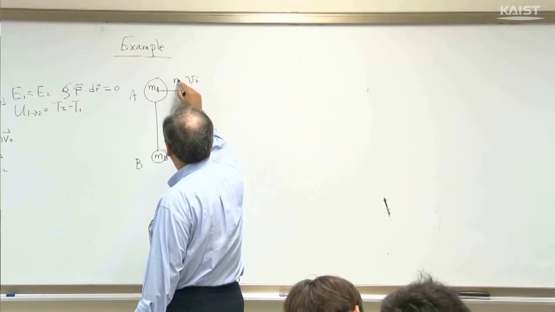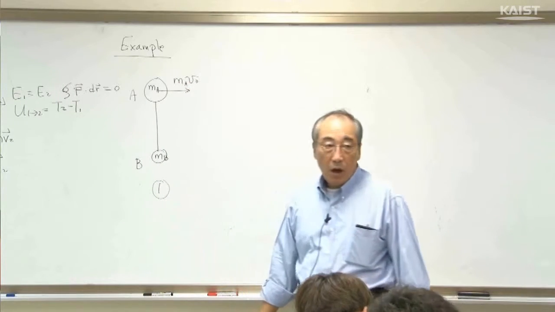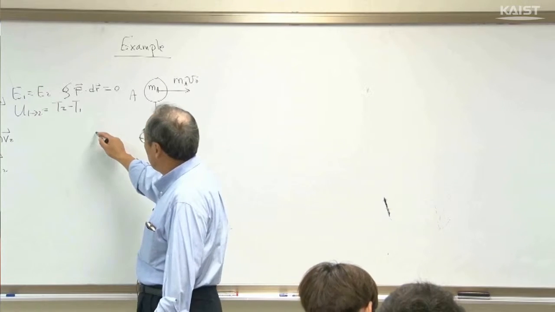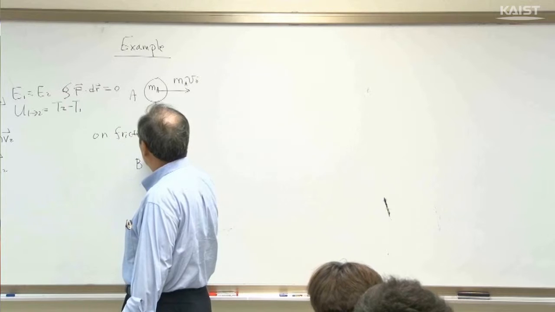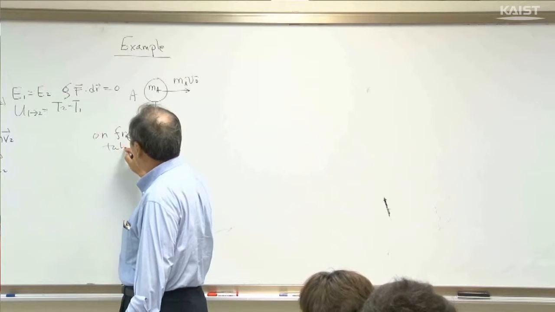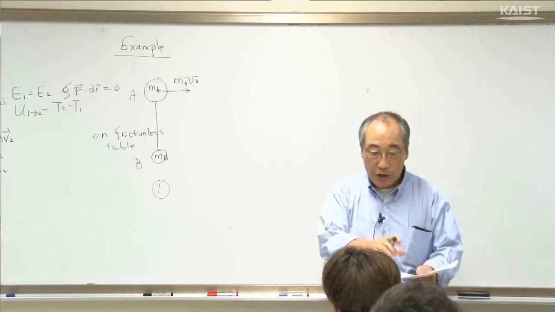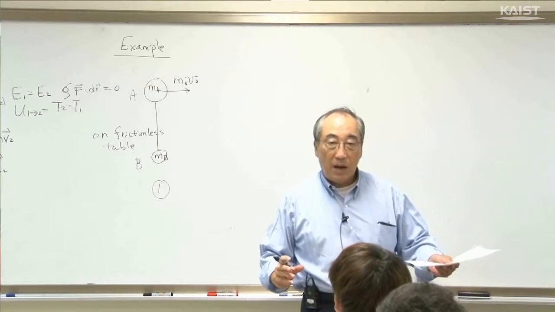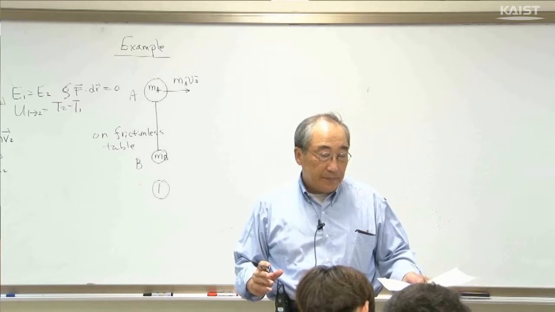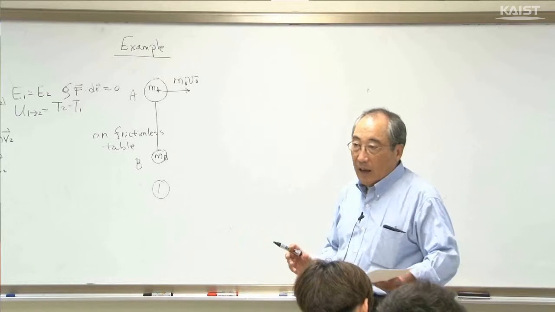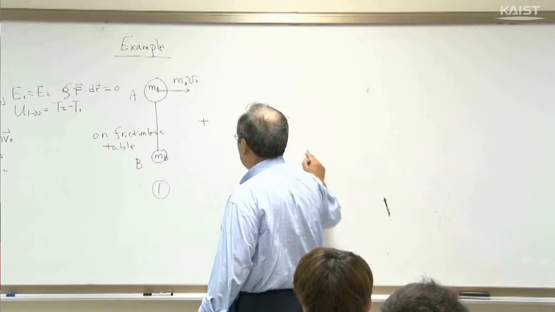Therefore, we have momentum ma v0 at state 1 on frictionless table. Okay, on frictionless table, here are 2 balls, and we suddenly applied the velocity v0 on mass ma. And then we would like to know what's going to happen at state 2.